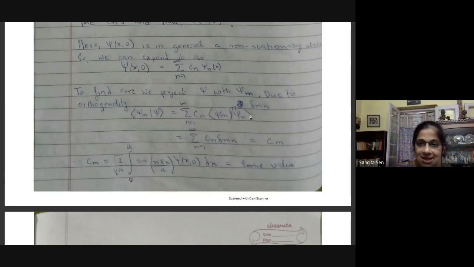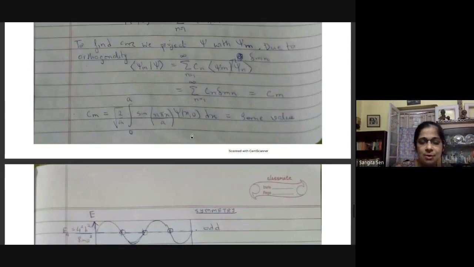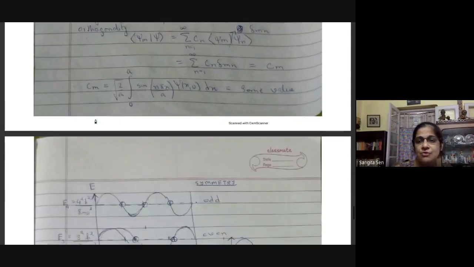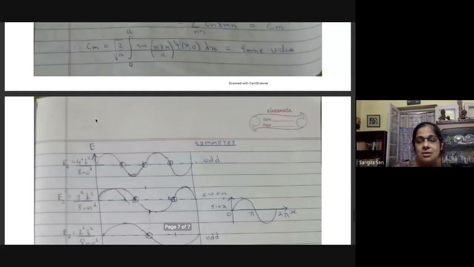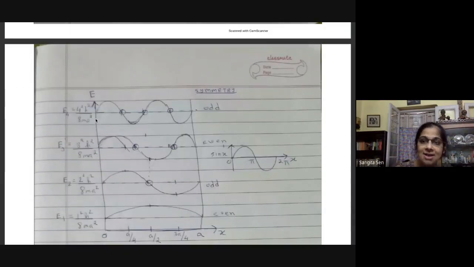Because all the eigenstates are orthogonal, the overlap of psi n is a delta function, and you can find out the coefficients. So knowing the initial wave function, you can find out the coefficients of any general superposition state, which you can construct from the eigenstates of the particle in a 1D box.